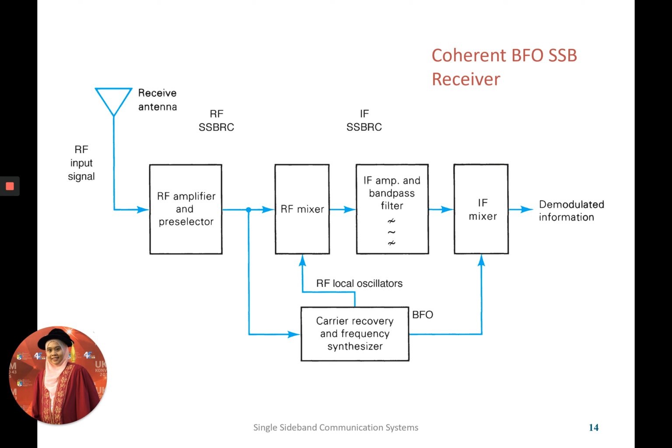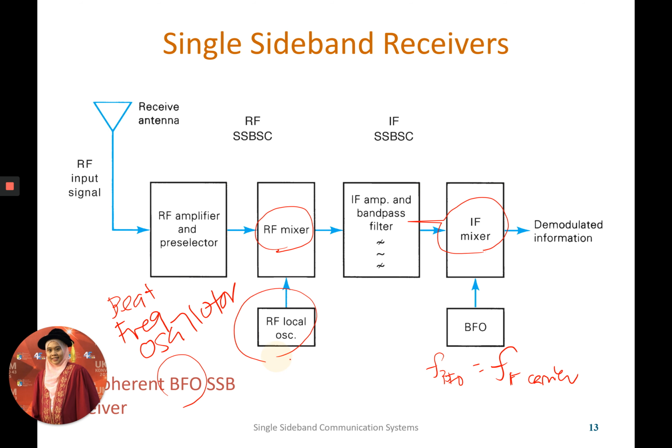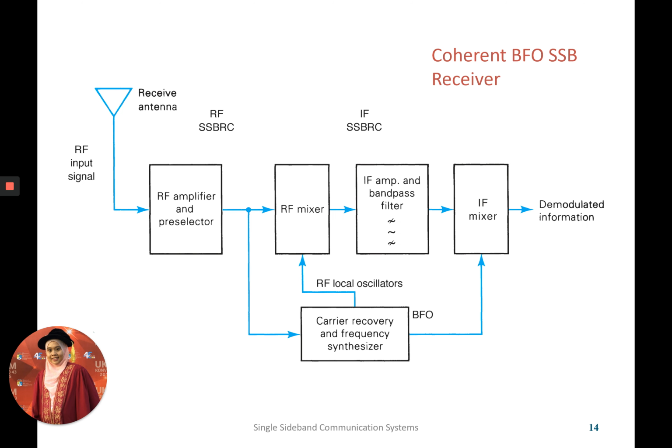For the coherent BFO SSB receiver, it is a little bit different from the non-coherent one. It's actually identical but a little bit different, because we try to combine the oscillators that we use in the RF stage and also the IF stage into one.